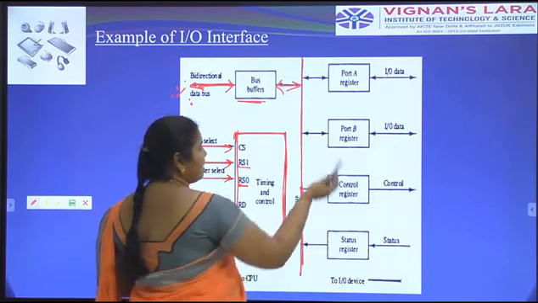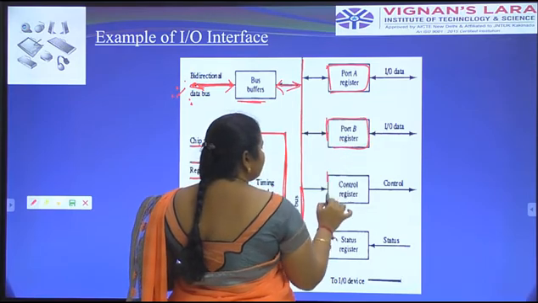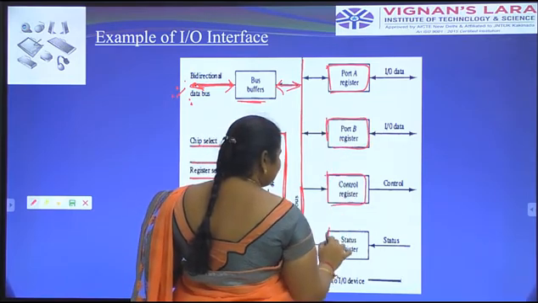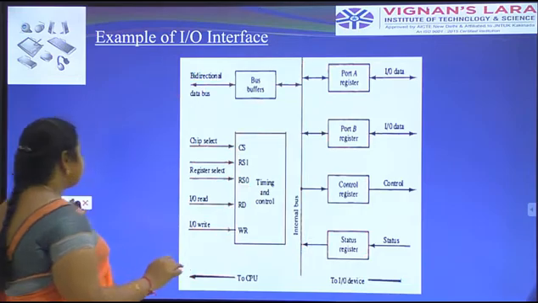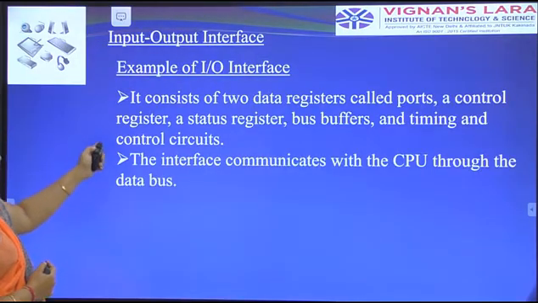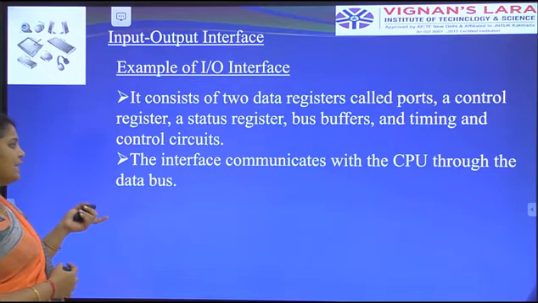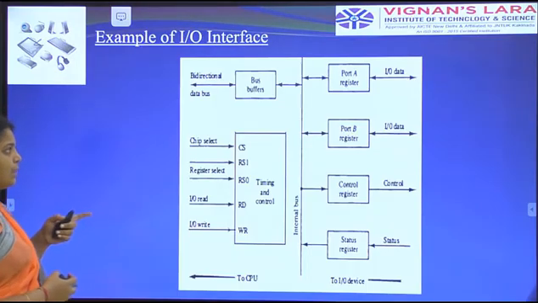From the other part we have port A register, port B register, control register and status register. Already we discussed that the IO interface has two data registers, ports, control register, status register, bus buffer, and timing and control circuit that communicates with the CPU through the bus.